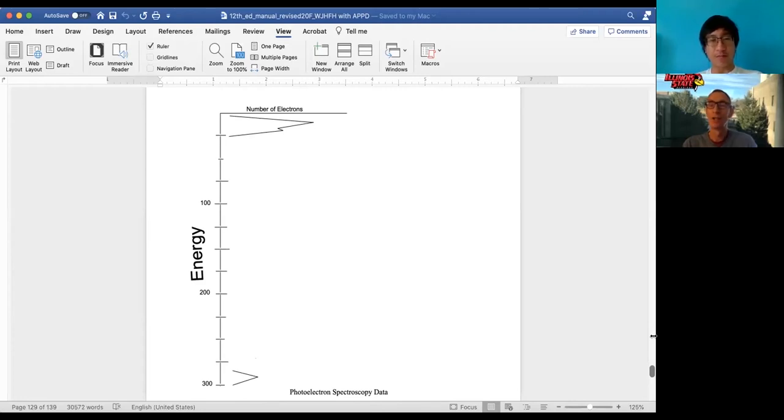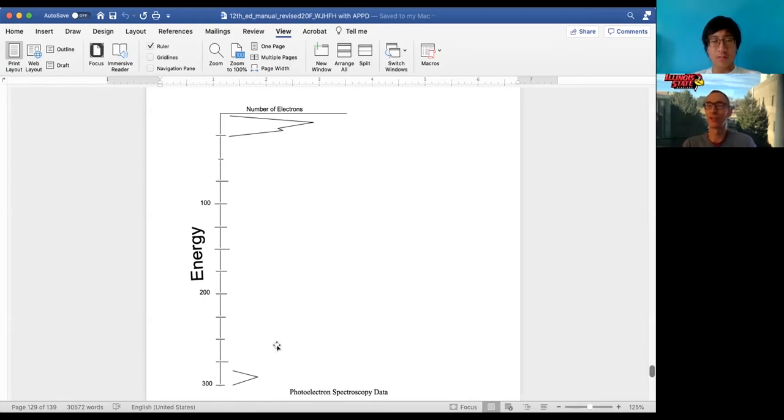Right. So just like we had with all of the photoelectron spectroscopy for individual atoms, you can do the same thing with a molecule. You take the molecule, subject it to light, and you can drive off electrons. And so if you look at this graph, these two electrons down here are the 1s electrons in the carbon in the methane.